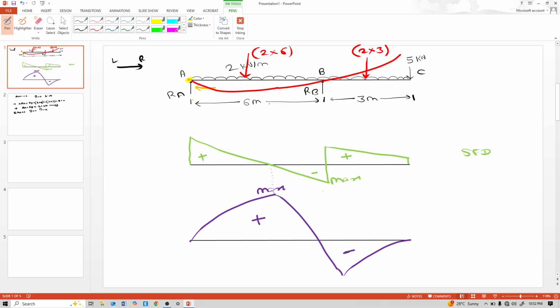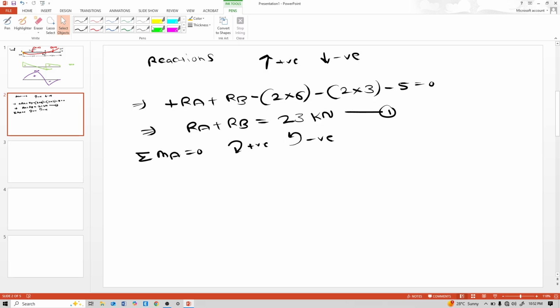So mid of this AB span, that means from A it is 3 meter. So due to clockwise, positive sign comes.